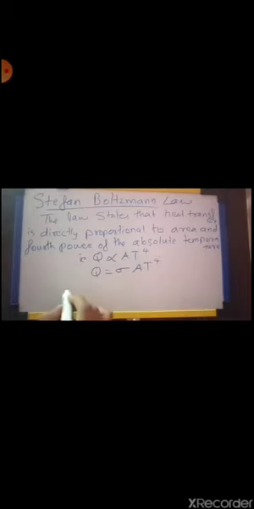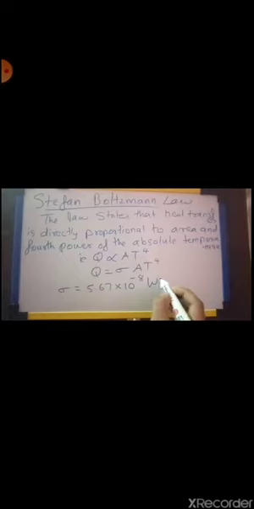If we remove the proportionality, Q is equal to sigma A T raised to 4, where sigma is called the Stefan-Boltzmann's constant, equal to 5.67 into 10 raised to minus 8 watt per meter square Kelvin raised to 4.